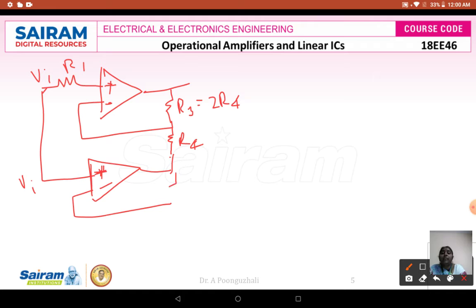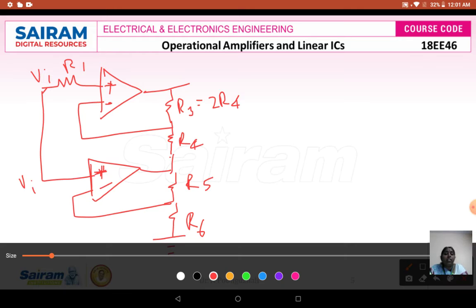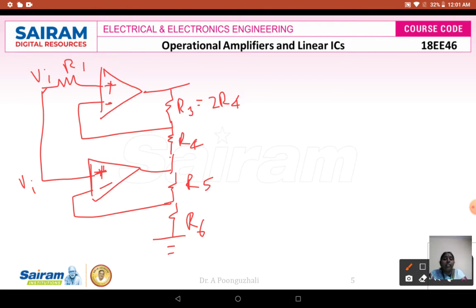So here this is going to be your R5, and this is going to be your R6. Here we are going to have your R6 resistance present. In this case, let us see what is going to be the output voltage. The terminal voltages here are A, B, and C, and this is my output voltage.